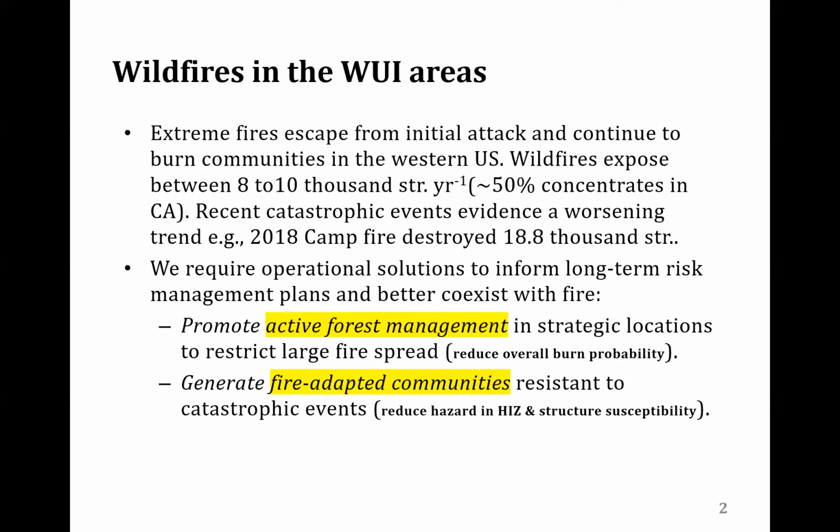To generate these fire-resistant communities, we basically focus on reducing hazard on the home ignition zone and reduce structure susceptibility. We have here two different strategies, but both of them can be combined together to reduce wildfire risk, and this is what we are doing in this case study.